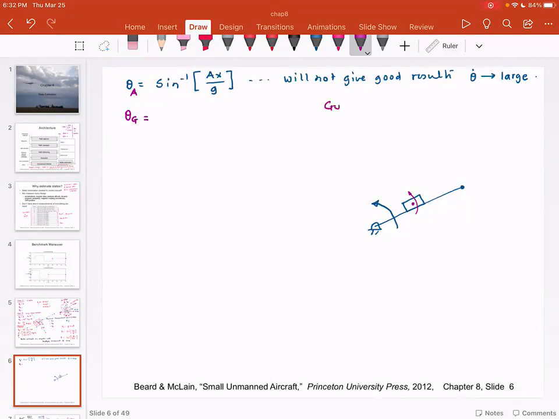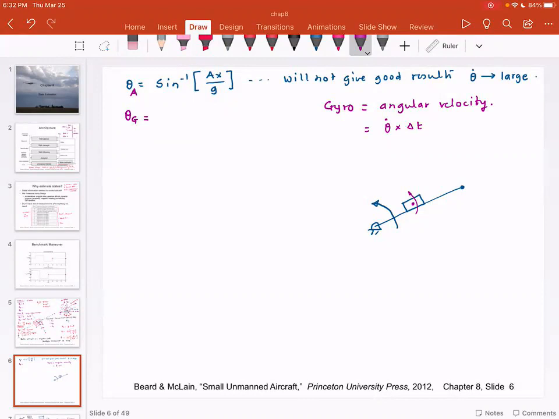The gyroscope is going to give me angular velocity, so I can multiply that by the time and find the instantaneous angle.